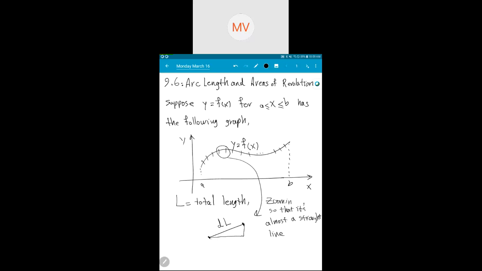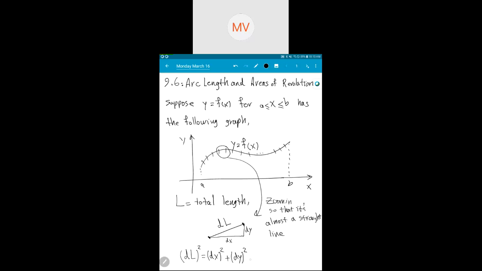Basically, we have moved horizontally that distance, which I'm going to call dx because it's a little element of the x-axis. And the vertical one, I want to call dy. Now, how do we calculate dL? We use the Pythagorean theorem, right? So dL squared equals dx squared plus dy squared.